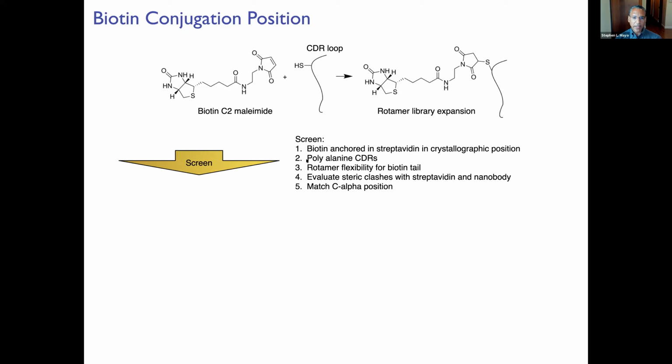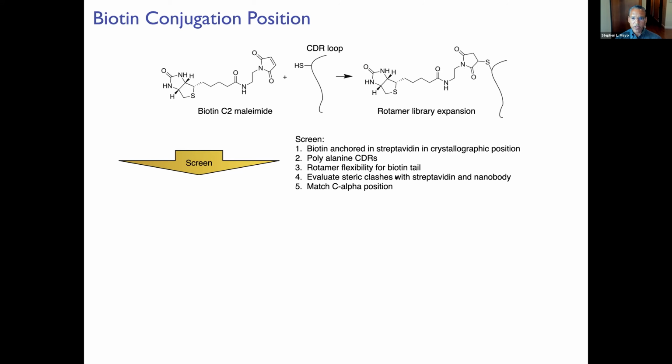So in the calculation, we use polyalanine CDRs, and then we impose rotamer flexibility in the biotin tail that allows the position of the C-alpha atom to explore the space around the system, consistent with the kind of rotamers you would expect for this kind of linkage.